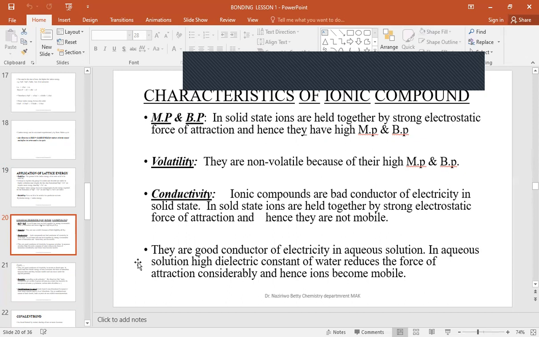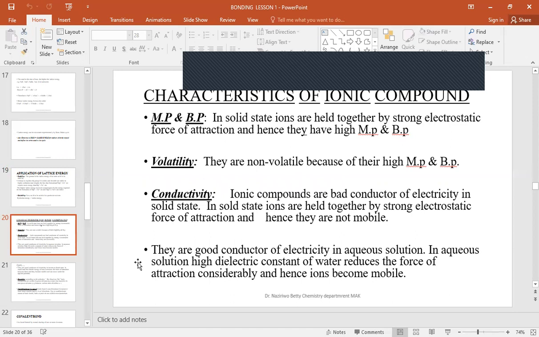Conductivity. They are good conductors of electricity in aqueous solution, because in aqueous solution, the high dielectric constant of water reduces the forces of attraction, and hence the ions are set free to conduct electricity.